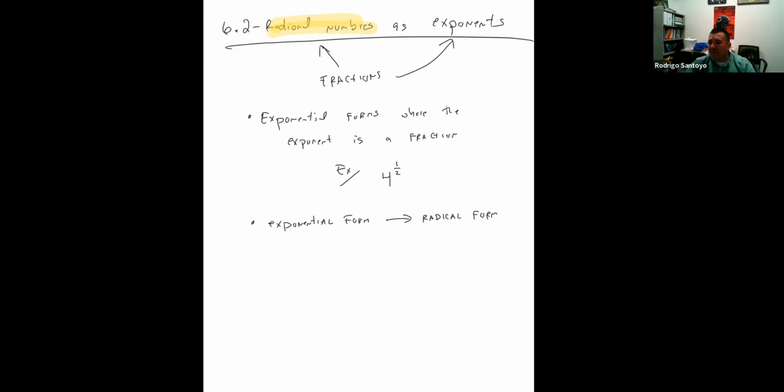And not only that, but we can go the other way around as well, from radical form to exponential form. The general form of exponential form could be: our base is a, and our fraction could be m over n.